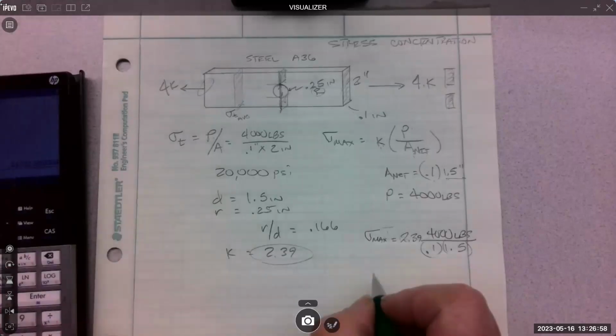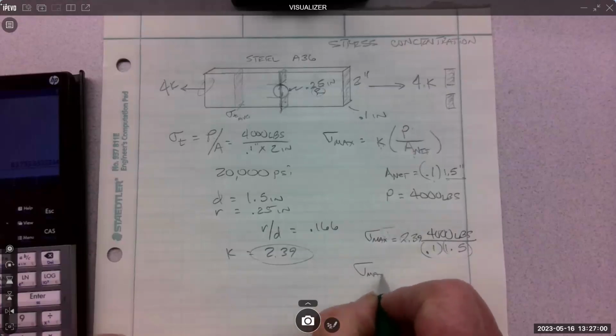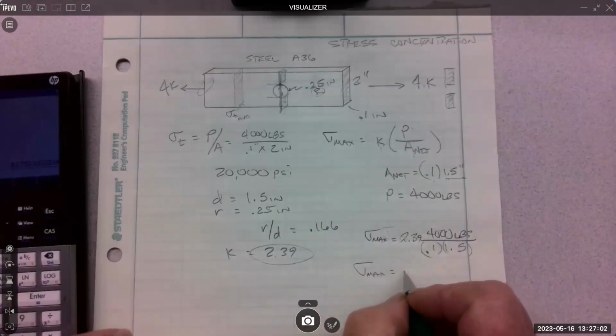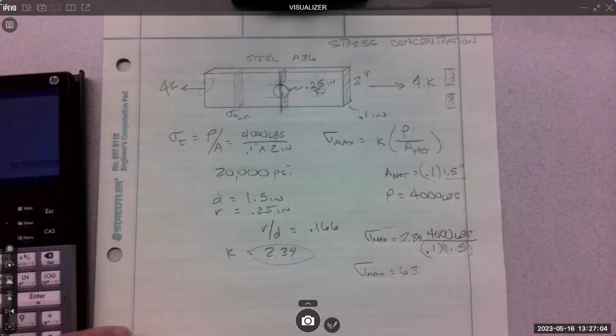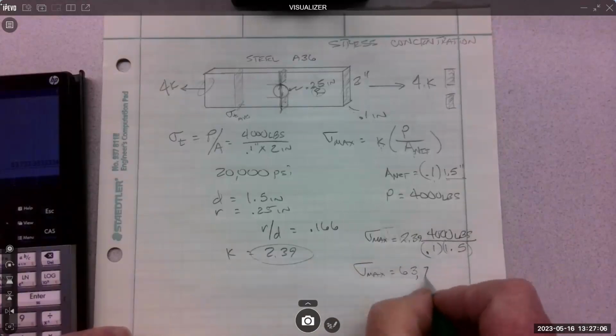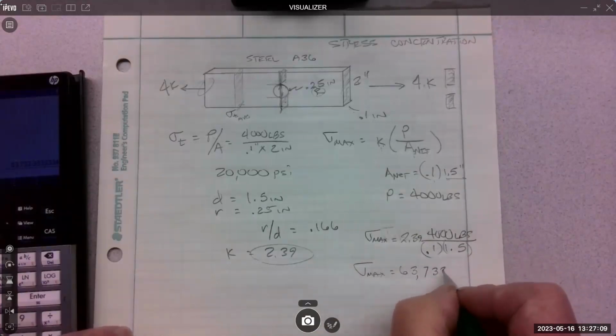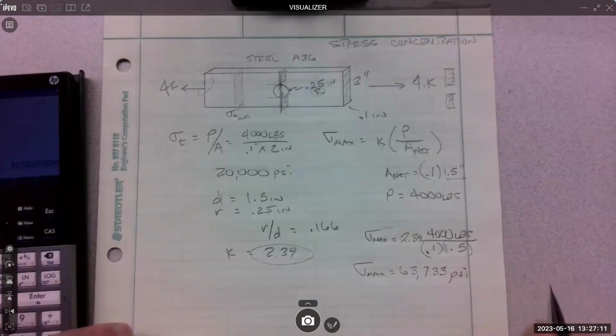What do you get? 63,733 PSI. What do you think of that? So that's compared to the stress in the area with alcohol.